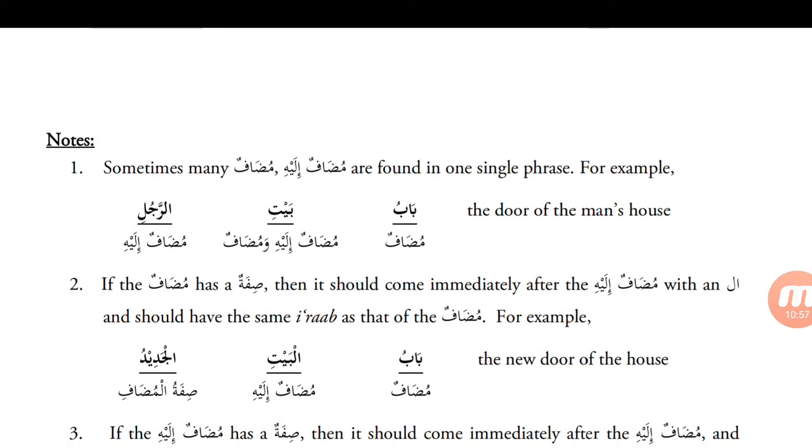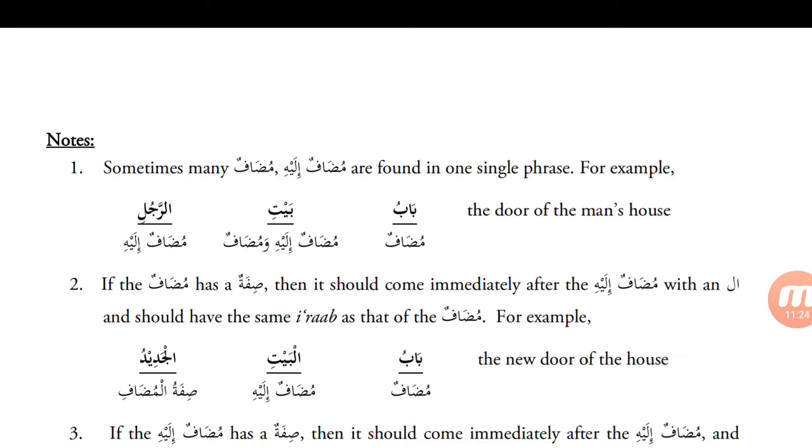Notes. Number one, sometimes many mudaf ilay are found in one single phrase. For example, Babu bayti rajuli, the door of the man's house. So sometimes many mudaf may appear. Here, Babu bayti rajuli. Babu is mudaf.